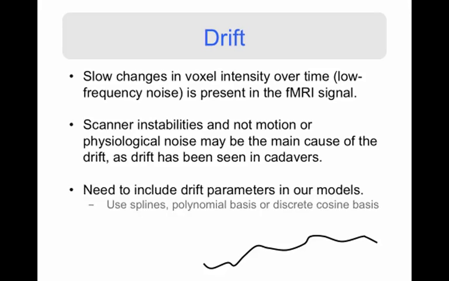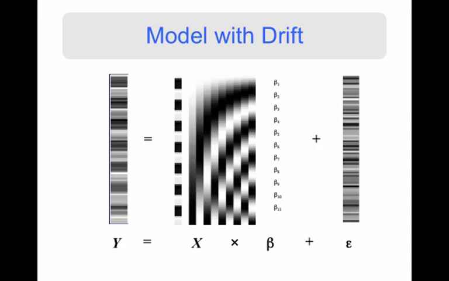It's important for us to include drift parameters in our GLM, and we can do this, for example, by modeling the drift using a series of splines, polynomial bases, or discrete cosine bases. Here's an example of a model with drift. In the design matrix, the first column corresponds to the task, an on-off block paradigm convolved with the HRF.